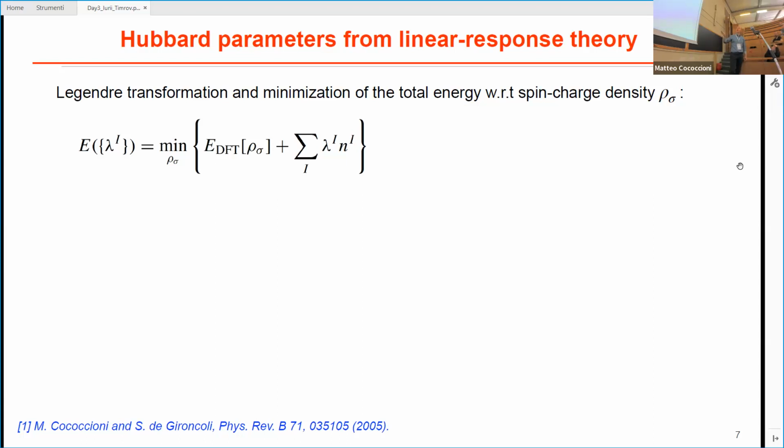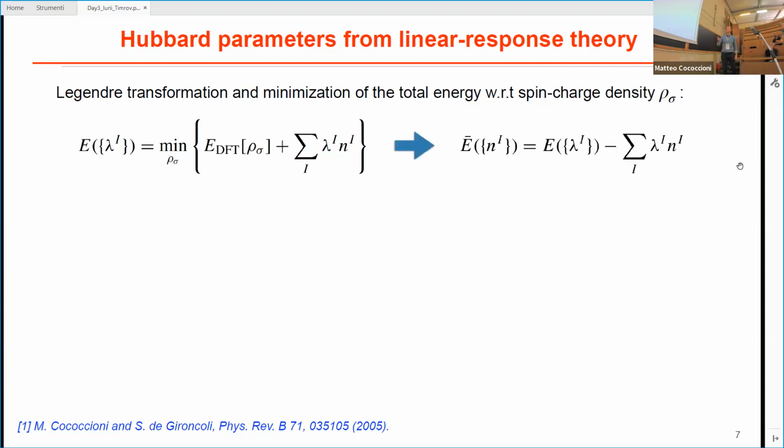We add a term, a sum over our atomic sites, where lambda are coefficients and n are the occupation numbers. And we want to minimize the sum of these two terms with respect to the spin charge density. We call this new object E of lambda. So this is a Legendre transformation and minimization of this expression with respect to the spin charge density.